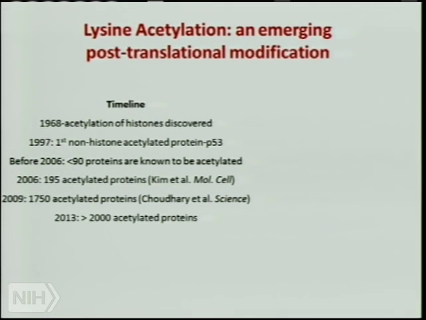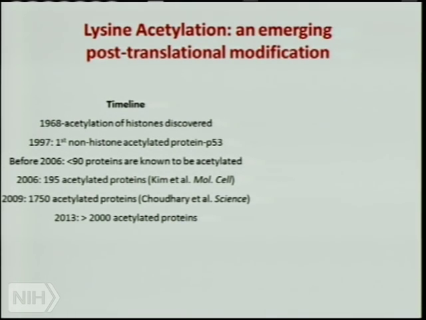So histone acetylation brings up the topic of lysine acetylation, and just to give you a brief history of that, histones were discovered to be acetylated in 1968, and in 1997, the first acetylation of a non-histone protein was found, and that was p53. Before 2006, so really just in the last decade, there were only about 90 proteins known to be acetylated.